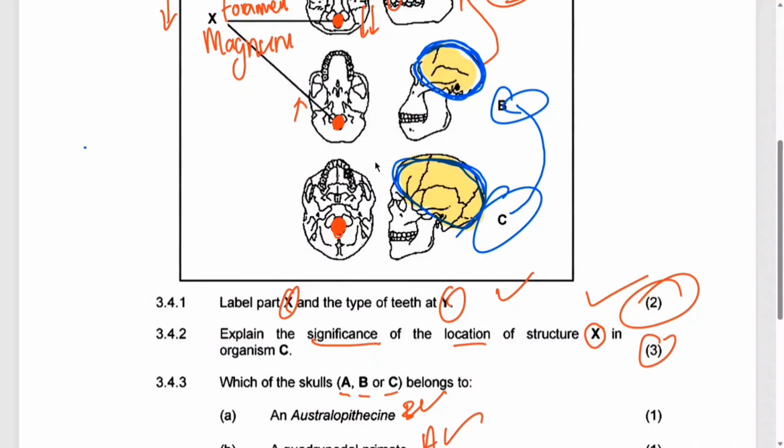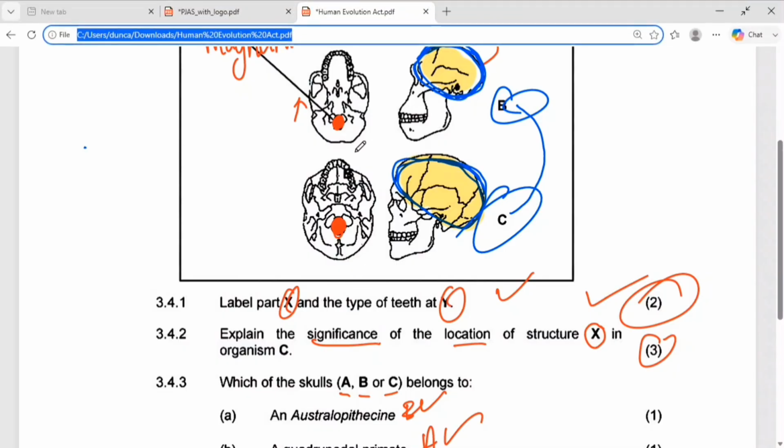Okay, sorry about that. The question said: explain the significance, or rather the change from B to C. How will this lead to intelligence? All right.